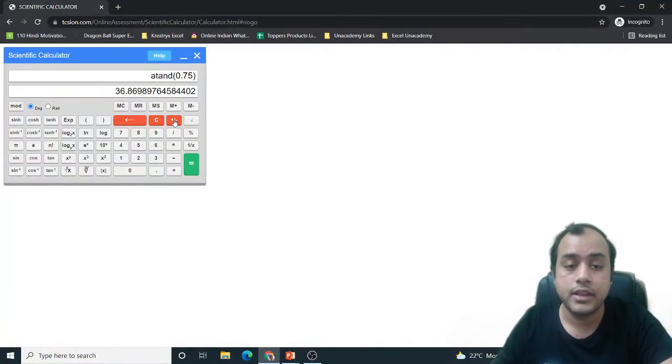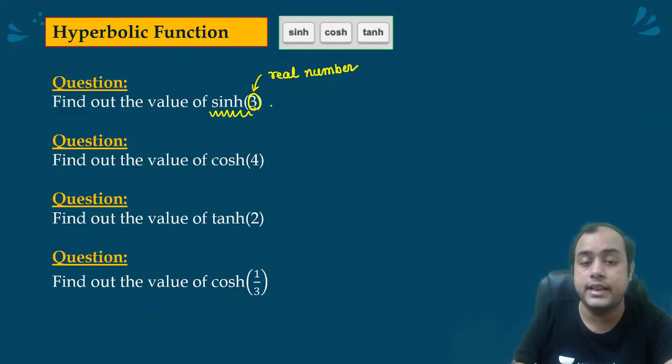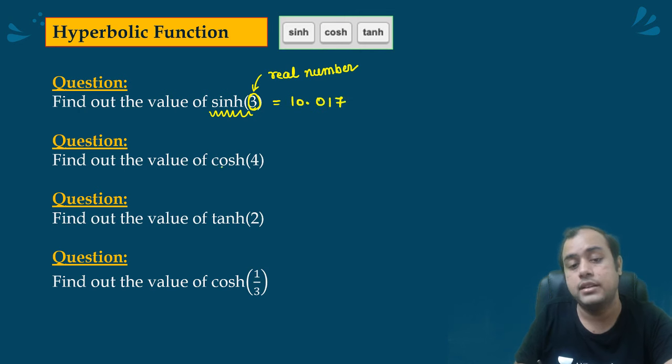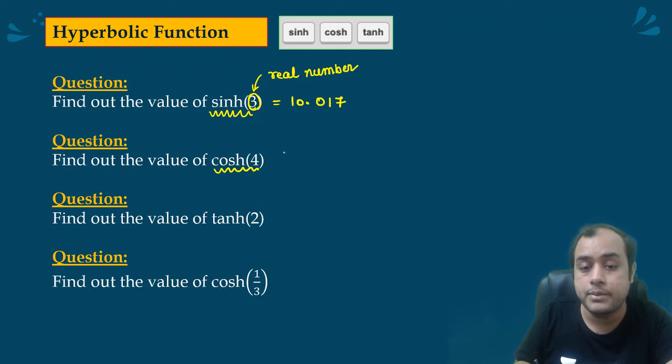Sin h3, follow the same thing, 3, then press sin h. 10.017. Cos hyperbolic 4. 4 cos hyperbolic 27.308.